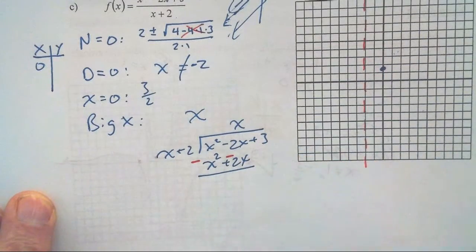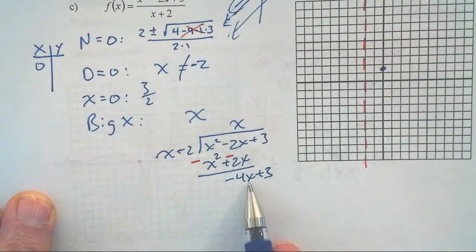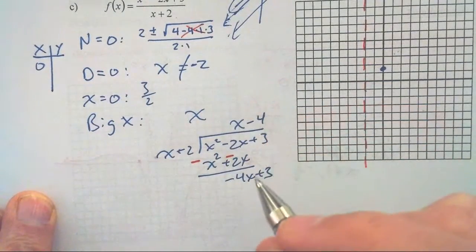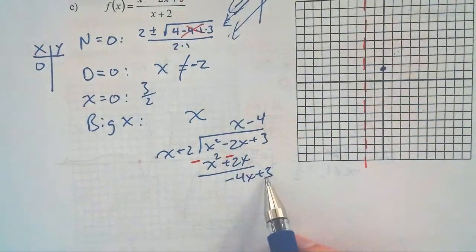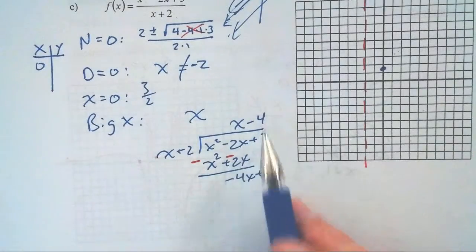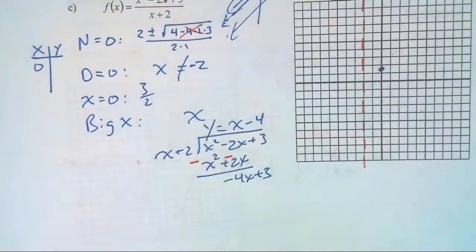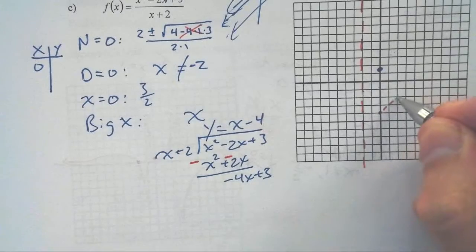And I get negative 4x plus 3. X goes into negative 4x, negative 4 times. After that, I don't care that there's a little bit extra. What that little bit extra is saying is you're not going to get to the asymptote. You're going to look like x minus 4, but you're never quite going to be there. You're going to be off by just a little bit. So we've got asymptote, down 4, going up 1 over 1.